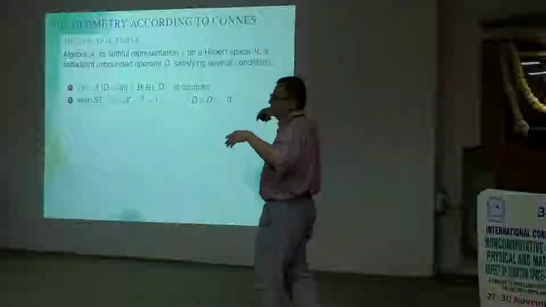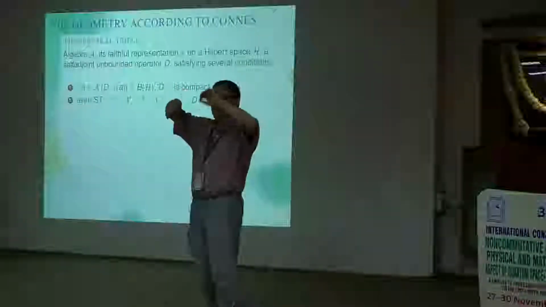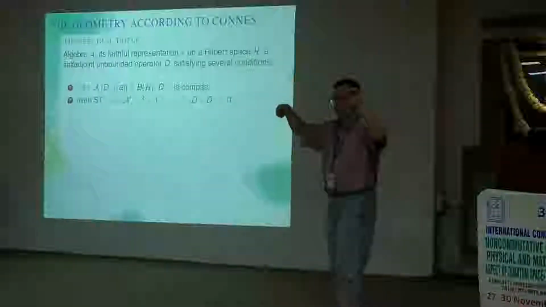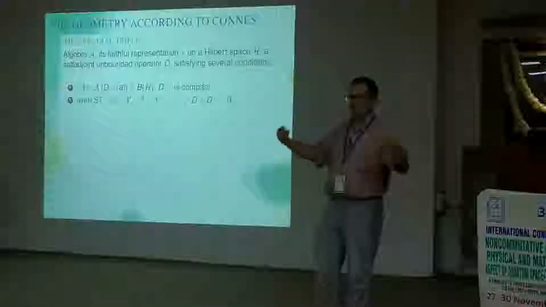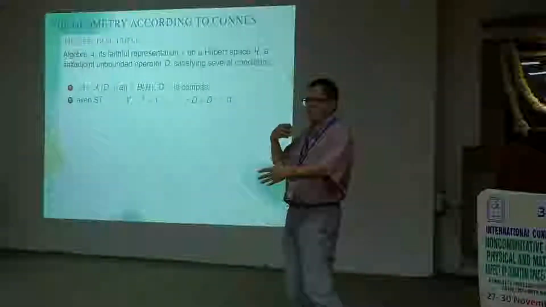Then there are conditions that are basically the decorations, that you have some additional grading, a Z2 grading, that has certain properties with respect to the algebra. It commutes with the algebra and anti-commutes with the Dirac operator.